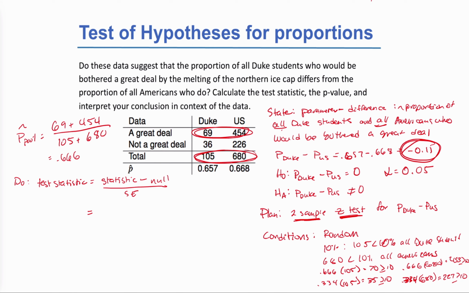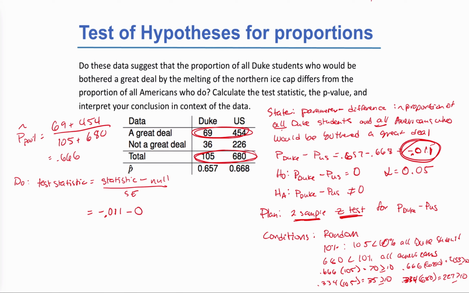All right, so that was negative, was it 0.11 or 0.011? I was off by a decimal. It should be 0.011. So 0.011 is our statistic, and our null value is 0.